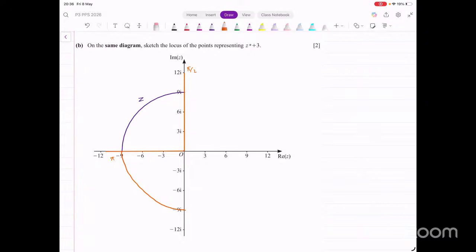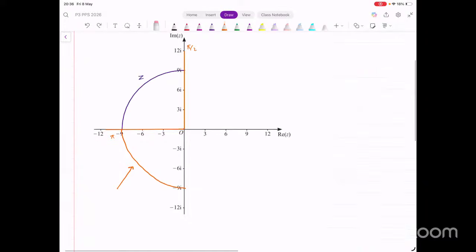Plus 3 means in the real part, we are adding 3. The horizontal axis represents the real part. So this graph is going to move 3 units to the right. The real part is going to increase by 3 units. So this curve is going to shift to the right by 3 units.